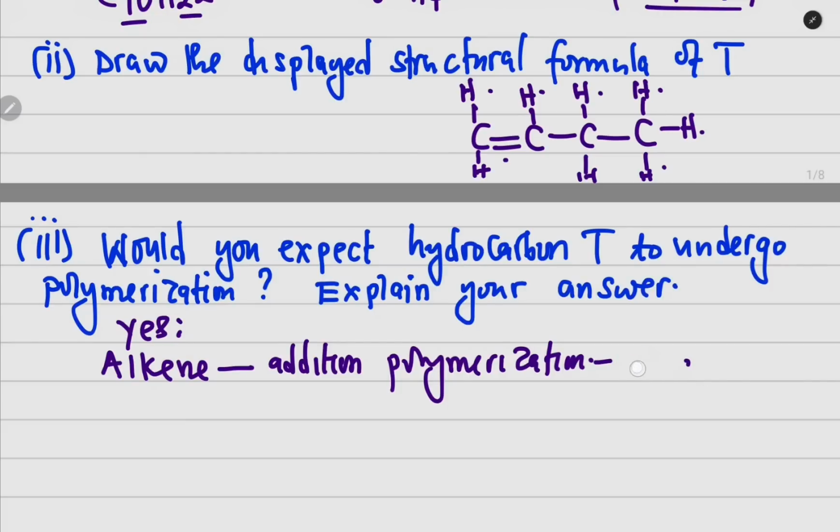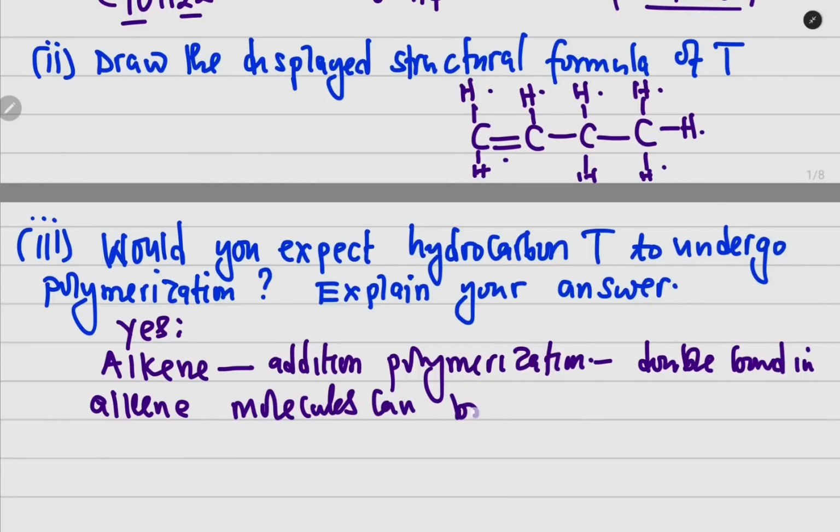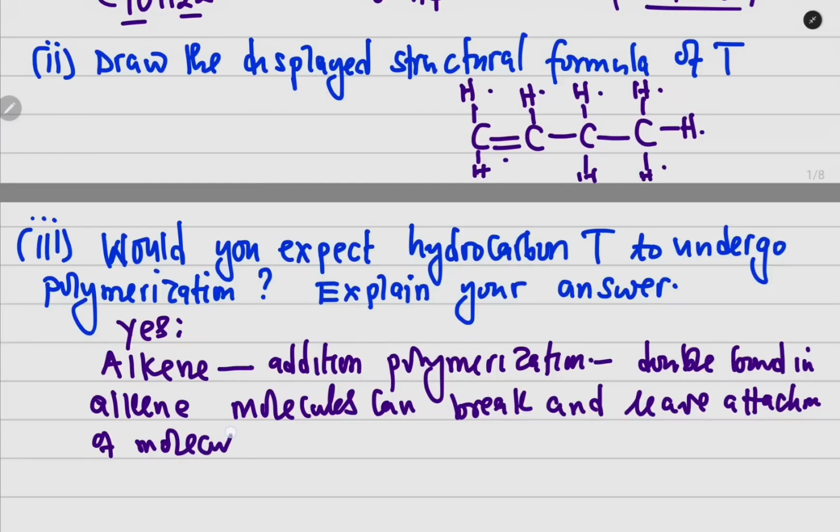because alkene has a double bond in alkene molecules or compounds. Let me put: alkene molecules can break and leave room for attachment of more molecules.